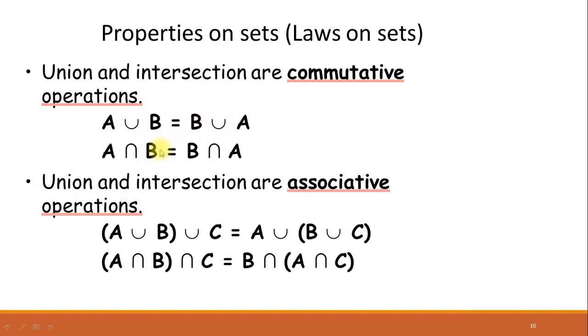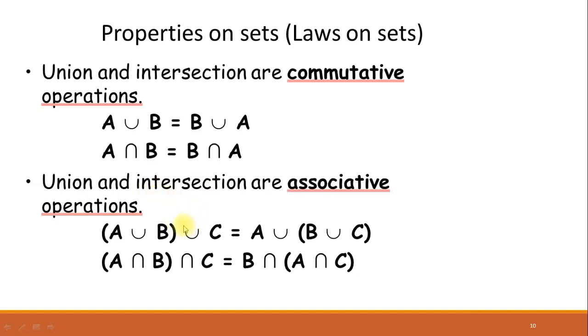Now, commutative law of two sets with respect to intersection can be written as A intersection B is equal to B intersection A. Now, associative law of sets with respect to union and intersection.